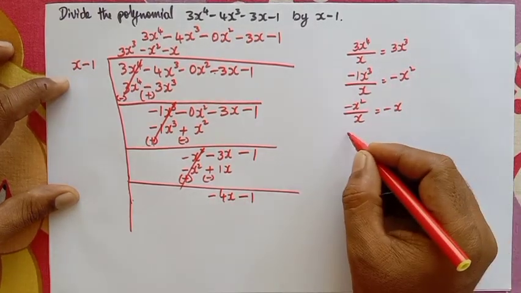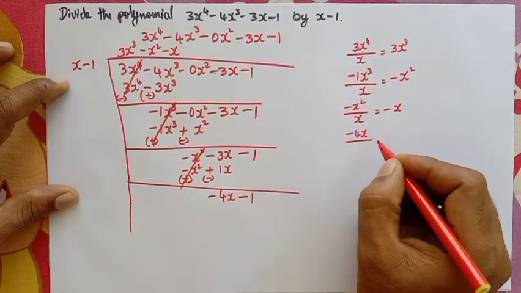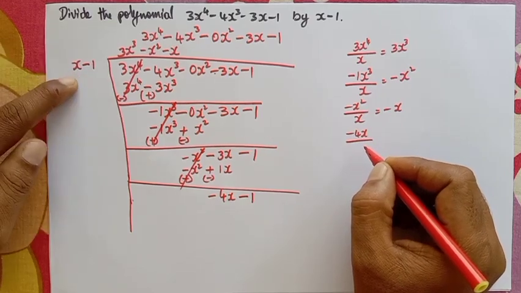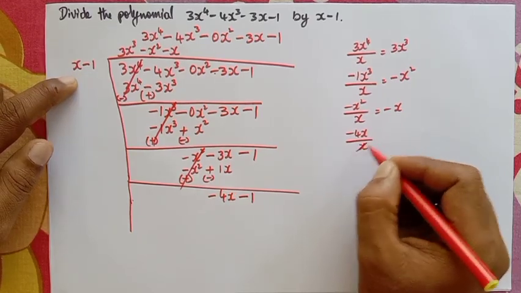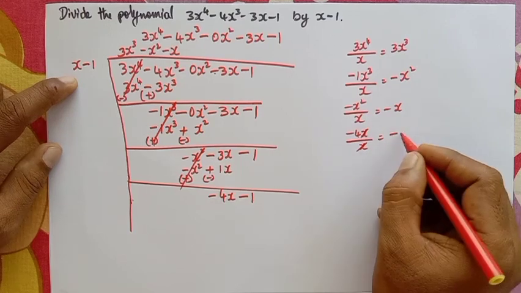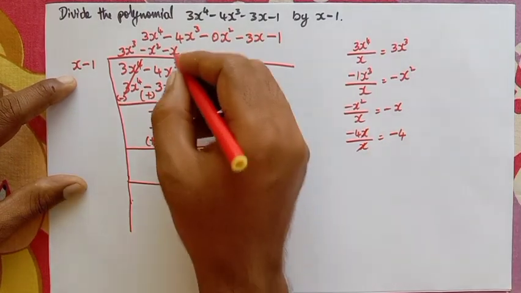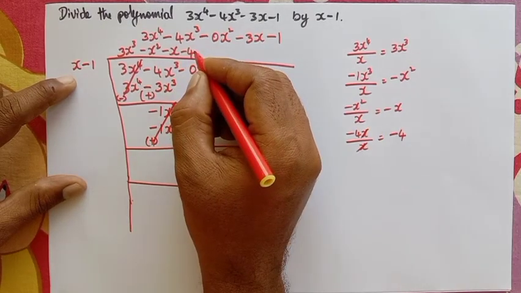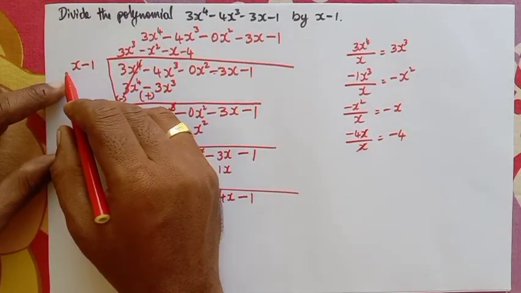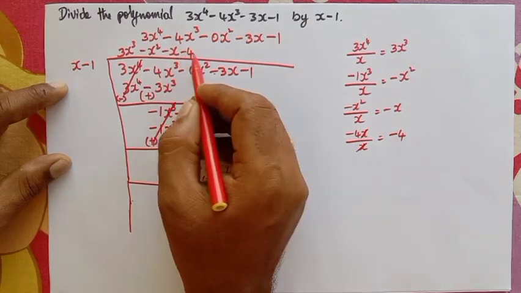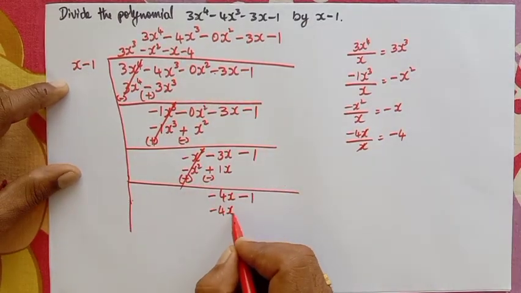Let us take minus 4x when divided by this first term x. x cancels. So the quotient is minus 4. So we will be multiplying with minus 4. 1x into minus 4 is minus 4x.